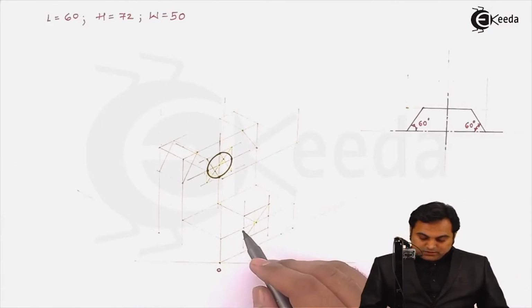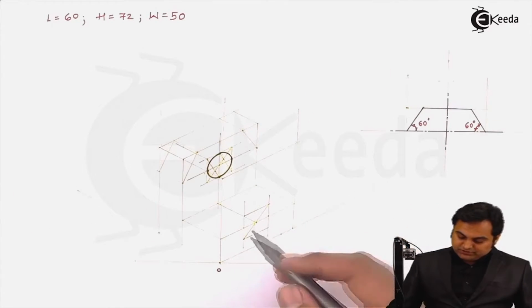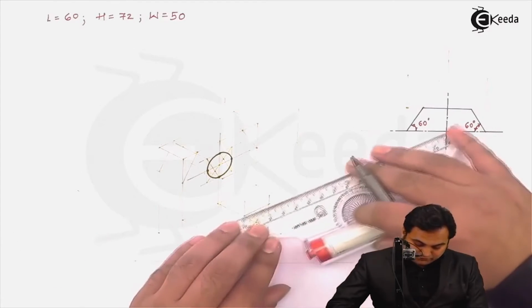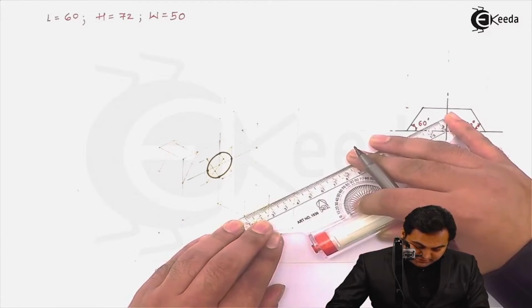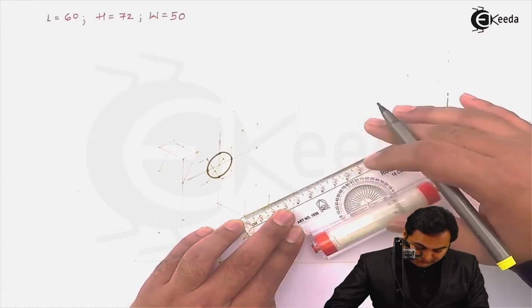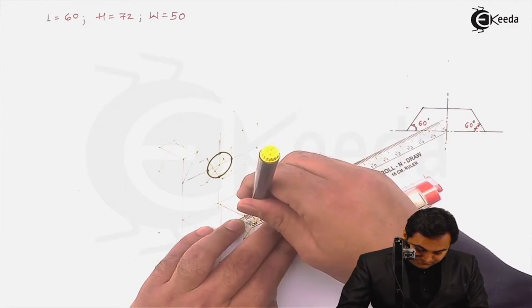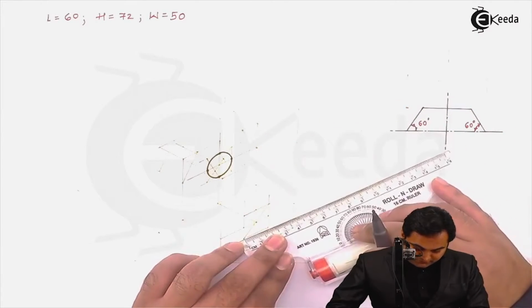Next, here I have the midpoint of these two sides, and from the top side, I'm going to take its midpoint, and from the bottom as well.